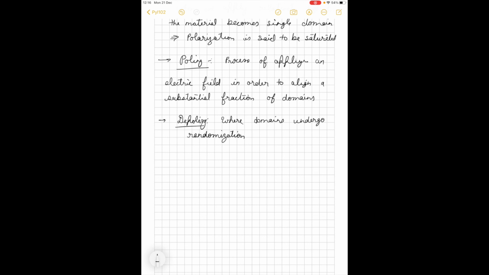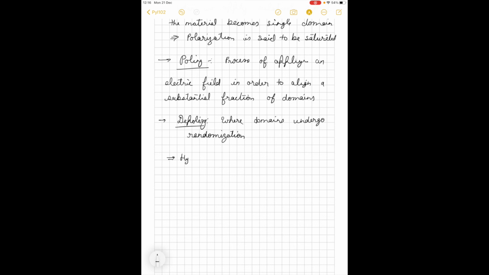Now I'll introduce the hysteresis loop. So what is a hysteresis loop? It captures how the polarization or displacement varies as a function of electric field.